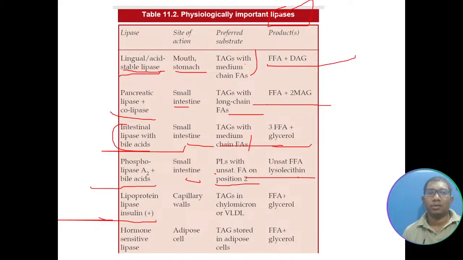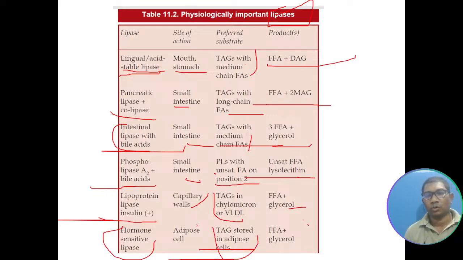Lipoprotein lipase, in the capillary wall, breaks down triglycerides of chylomicrons or VLDL into fatty acid. And hormone sensitive lipase जो होता है acts on adipose tissue, triglycerides in adipose tissue are broken down into fatty acid and glycerol. These are the different lipases.